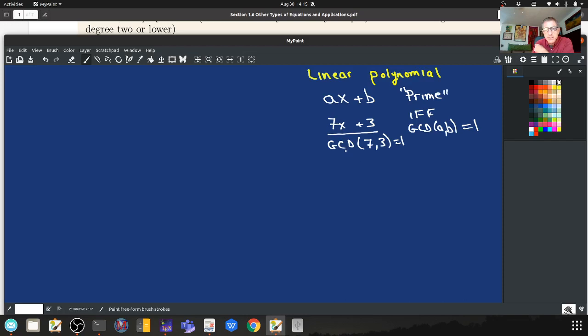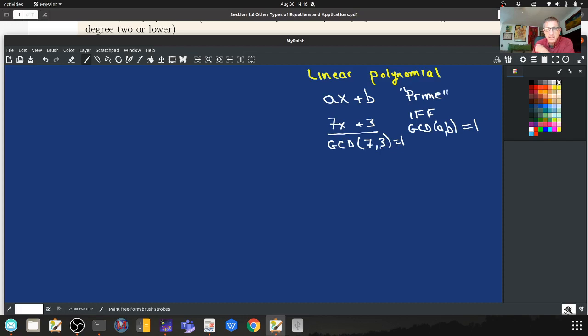Remember the GCD, the greatest common divisor, is always less than or equal to the smallest of the two numbers when we're talking about regular integers. And it's always equal to the smaller of the two if the smaller of the two divides the larger.